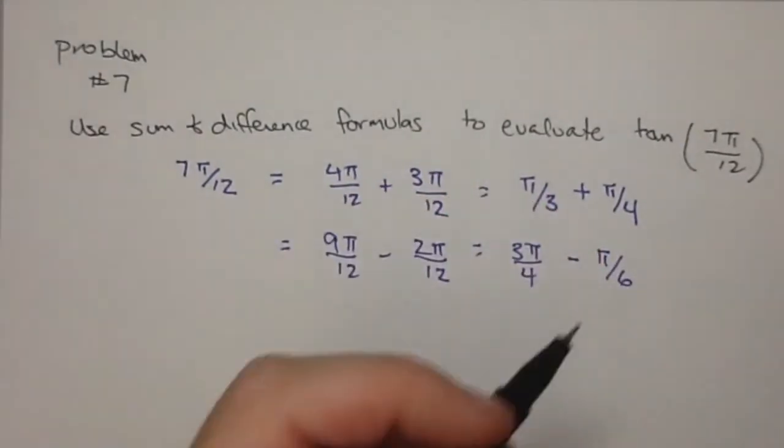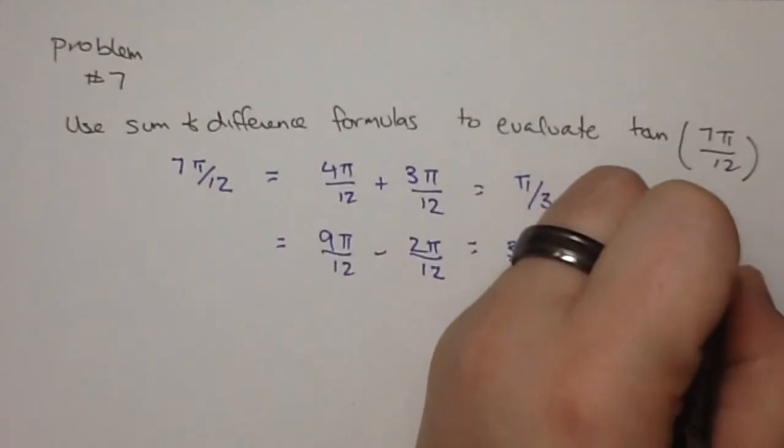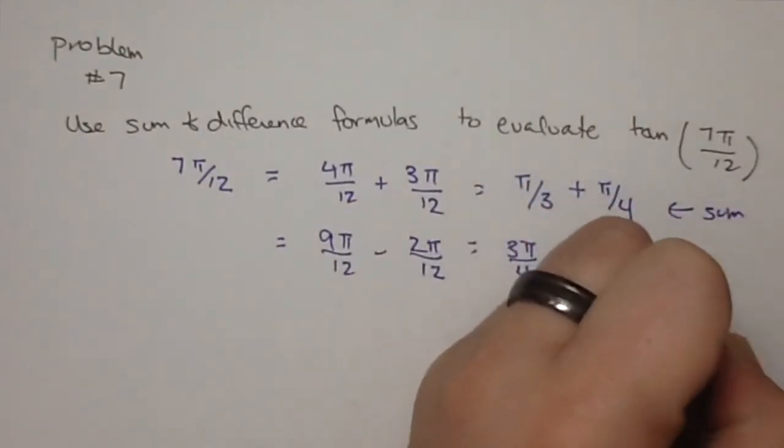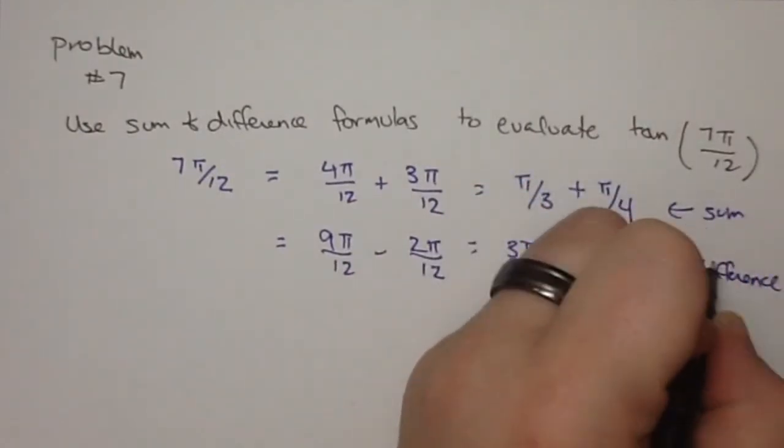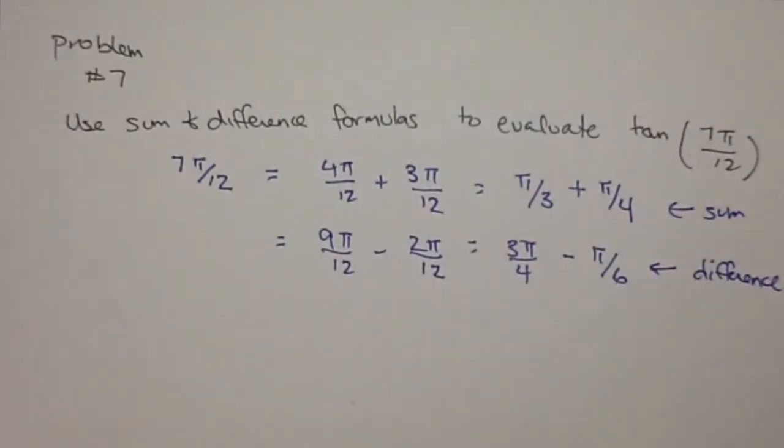All right, so this is our sum, and this is our difference. They should give us the same answer. So let's evaluate the sum first. We're going to use the sum formula for tangent.